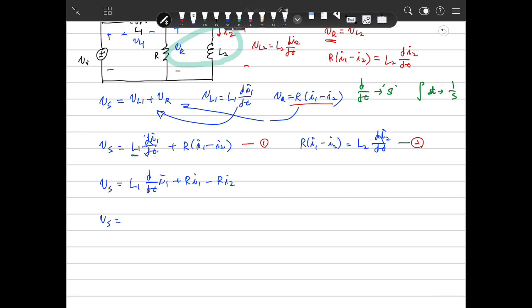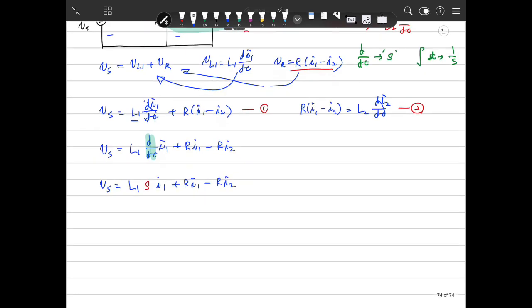Then Vs will be L1 changed with s, times I1, plus R I1 minus R I2.